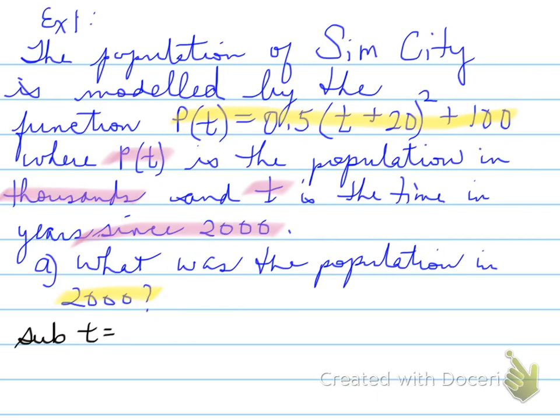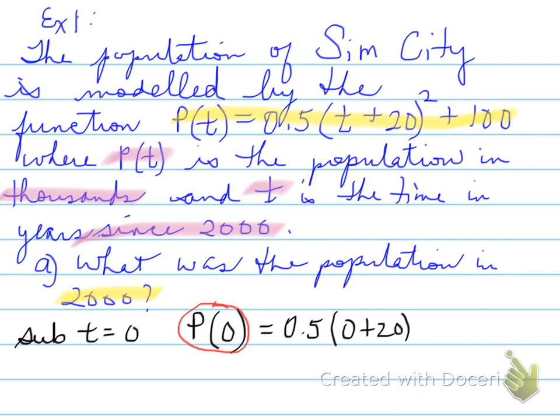Hopefully you're saying that it's 0. That's right, 0. We sub t equals 0 into the equation, so P(0). Now remember, P(0) is like y equals. That means we want to say y equals the equation. The equation is 0.5(0 + 20)² + 100.